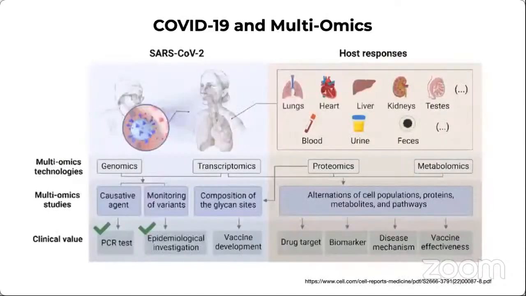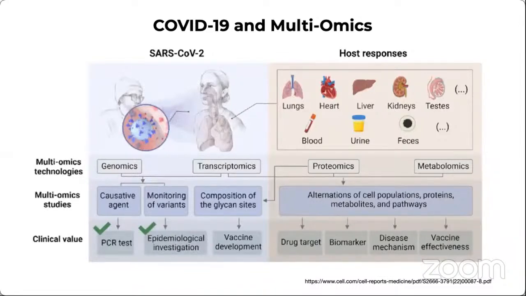So we also get an overview of what is currently being studied and what is being clinically valued in the current pandemic scenario. For example, we value genomics and transcriptomics data a lot for SARS-CoV-2, and from the virus's point of view, mostly the genomics data is considered really informative.